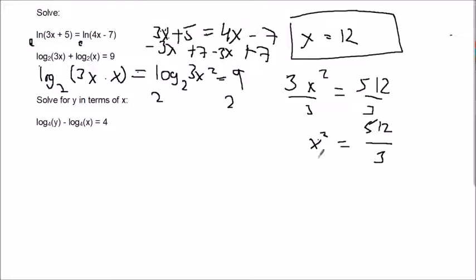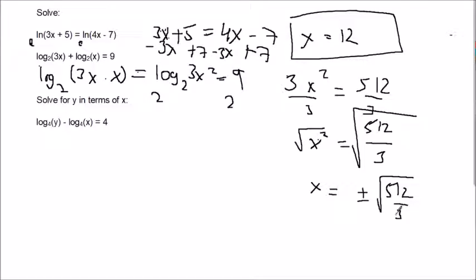This is not so neat of a number, so we take the square root of both sides. Now we have x is equal to plus or minus square root of 512 over 3. But the minus, whenever you put it in the function, doesn't work. So the plus is the only one that's left: x is equal to the square root of 512 over 3.